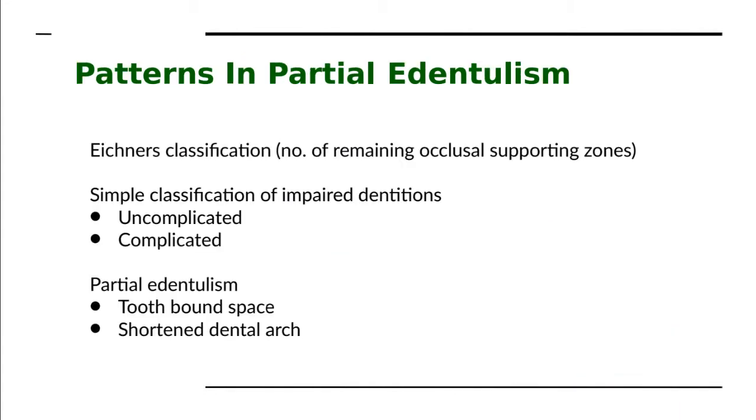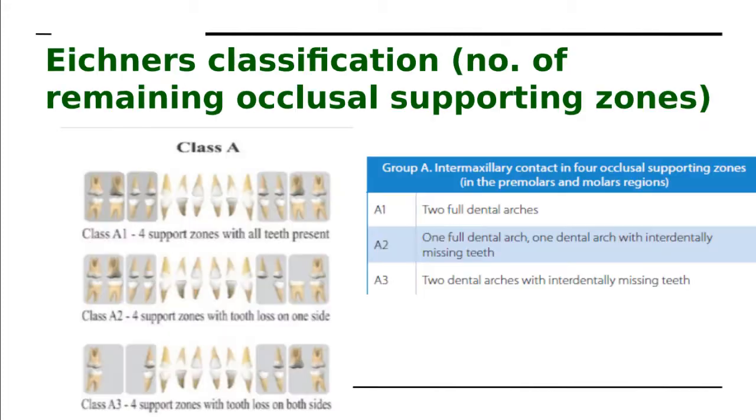Now coming to the patterns in partial edentulism. There is a famous classification called Eichner's classification, and we have other classifications like complicated and uncomplicated, and shortened dental arch and tooth bound space. Now all boys, concentrate very carefully.